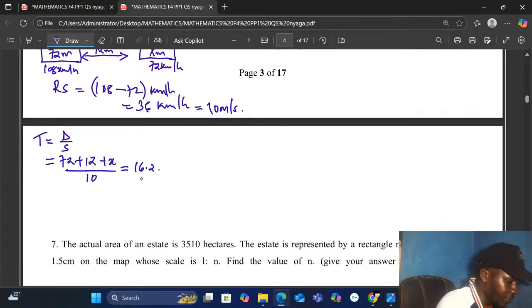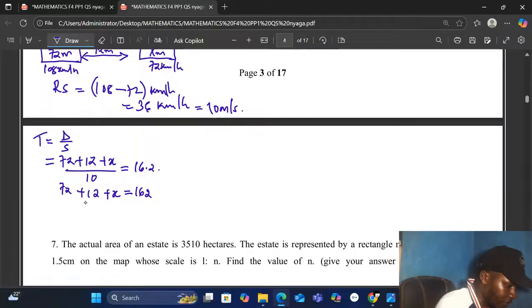So we now find the value of x. So 72 plus 12 plus x is equal to 16.2 multiplied by 10, 162.